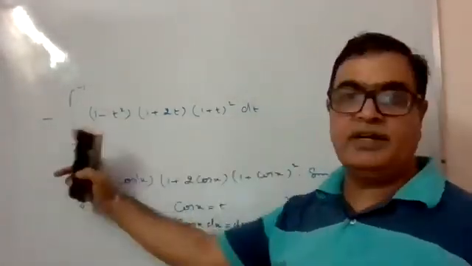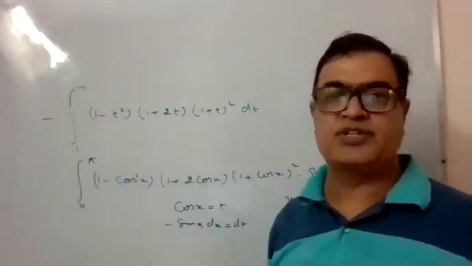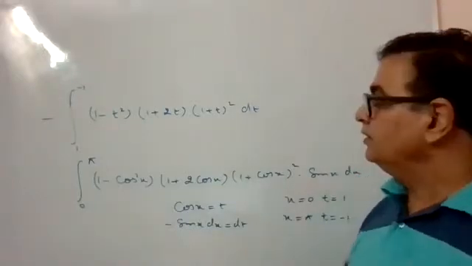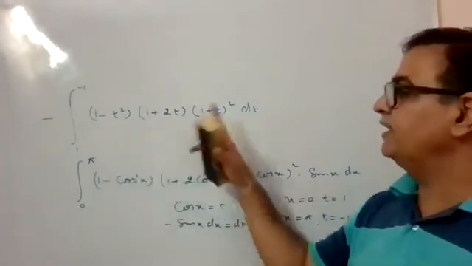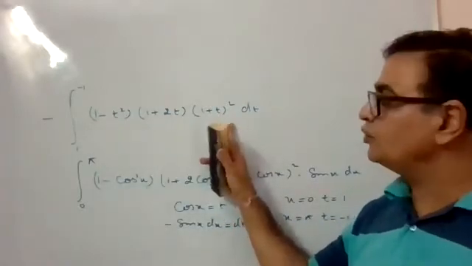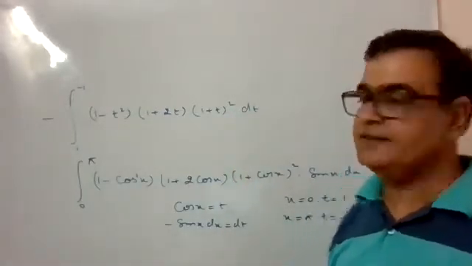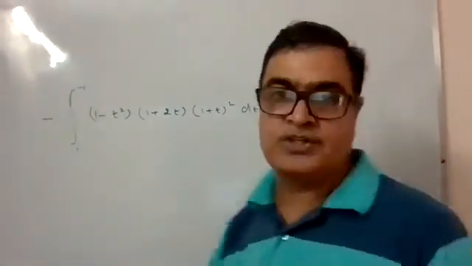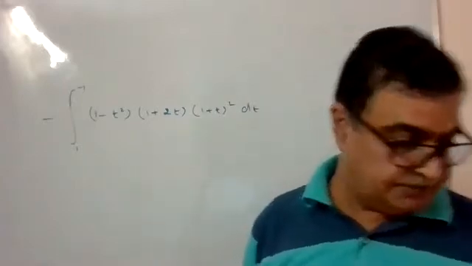You can solve it now: expand the whole square, multiply, and then it is simple integration. Multiply 1 minus t square and 1 plus 2t, then multiply the result with 1 plus t whole square and integrate. Many terms will be there, but you can integrate them easily. Maybe it is a slightly lengthy question, but now a simple question is left. Next.